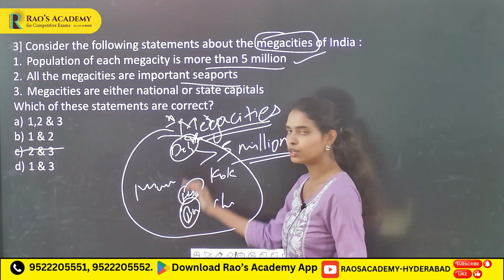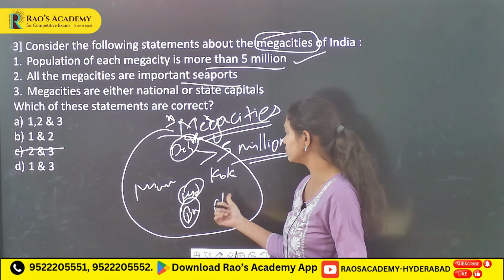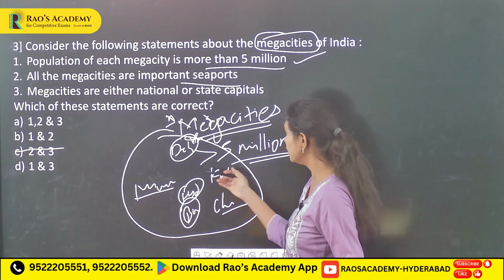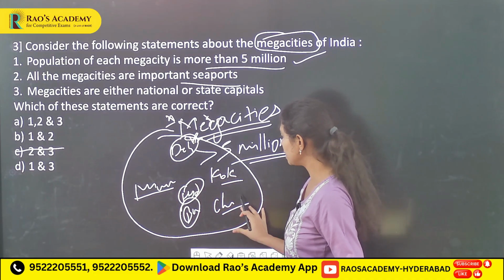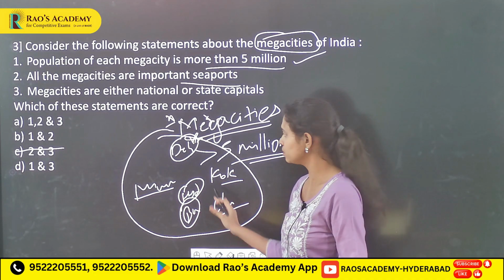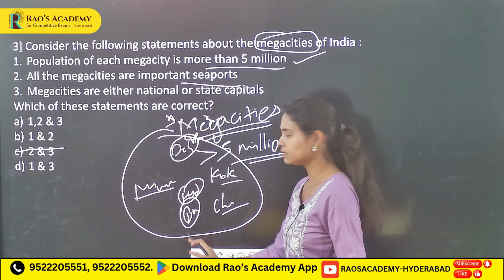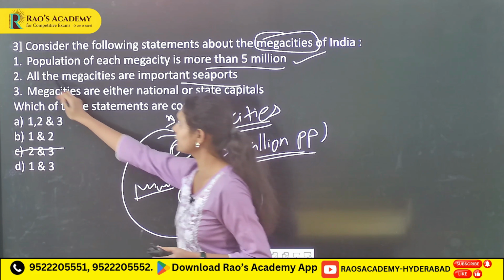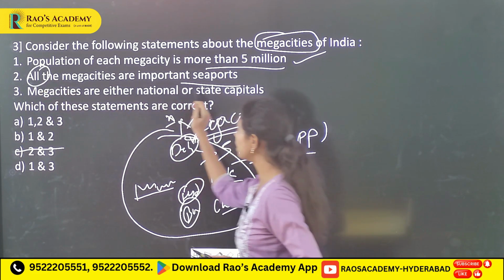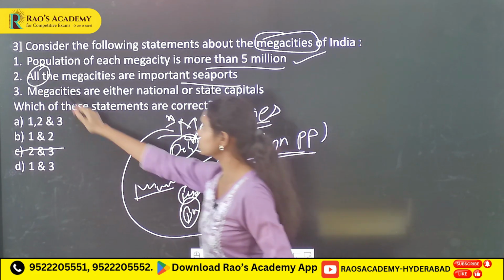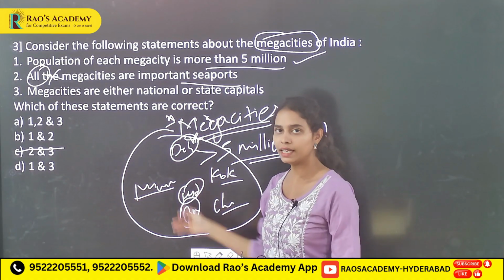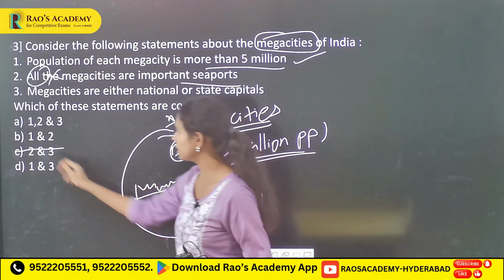They do not have accessibility to the sea or a seaport. Only Mumbai, Kolkata as well as Chennai have accessibility to a seaport, whereas the others are inland mega cities. Here it is mentioned that all the mega cities are important seaports. So it is an incorrect one because a few of them are inland mega cities. So the second one is incorrect.